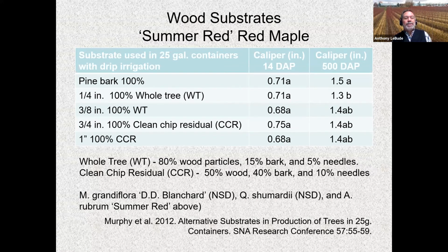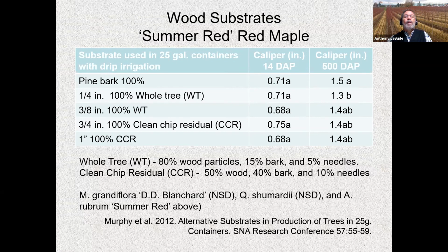Or clean chip residual, which is perhaps the same trees or a tree that is getting ready to be milled. The bark and all of the limbs are stripped off, so you just have the main butt log. But all of that trash that comes off of it has branches in it, needles, cones, and bark. All of that's ground up and used as a substrate. I think that's how I remember it working. It has less wood in it, more bark, and more needles.